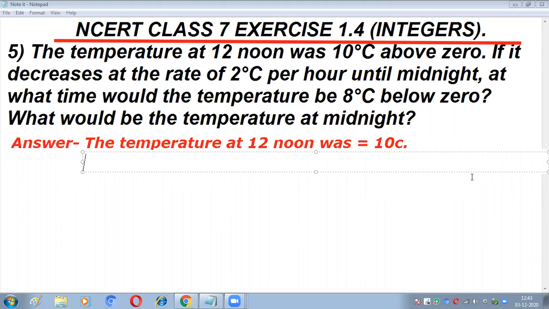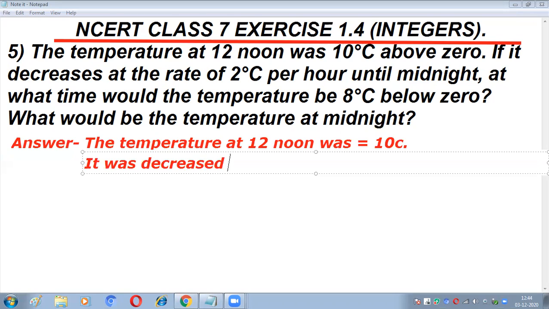It decreased at the rate of 2 degrees Celsius.